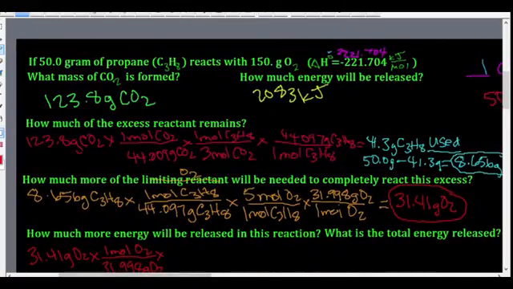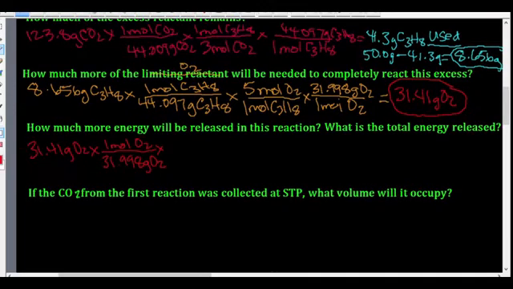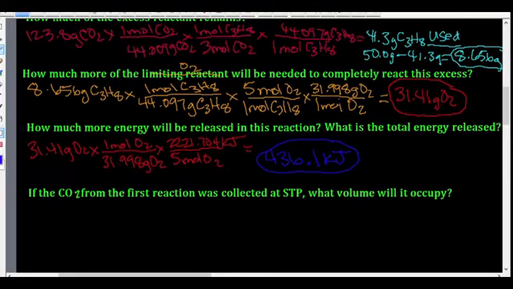So 5 mole O2, 2,221.704 kilojoules. Give you guys a couple seconds to math it up. And the number I came up with was 436.1 kilojoules. So that is how much more energy is going to be released.